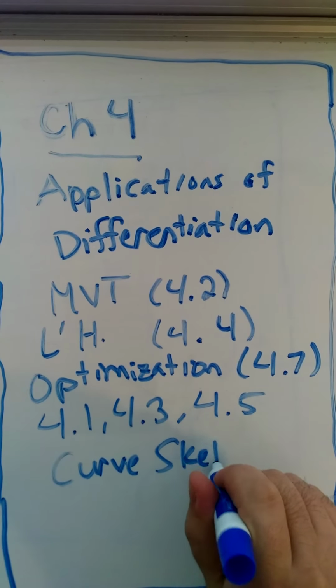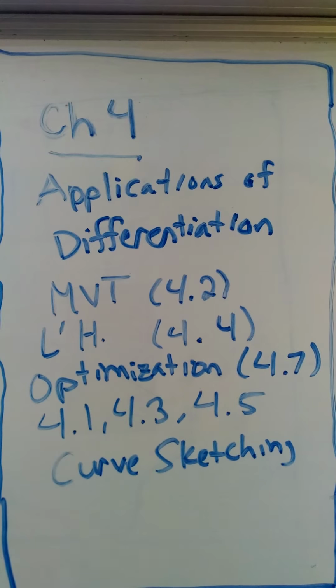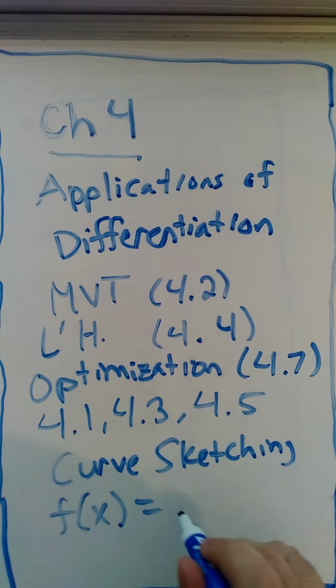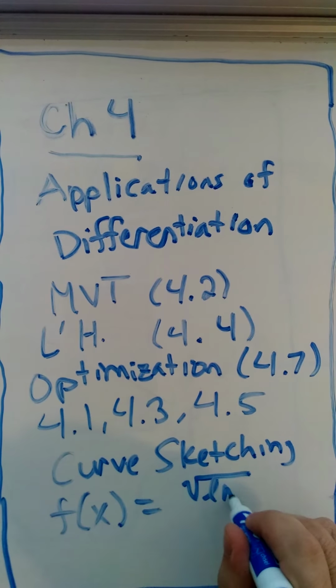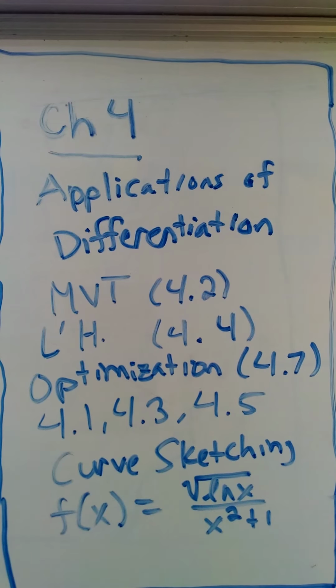So if I take away your calculator and give you a really weird function to sketch the curve of, like say f of x equals square root of natural log of x over x squared plus 1, if you had something like that, can you give me a graph?